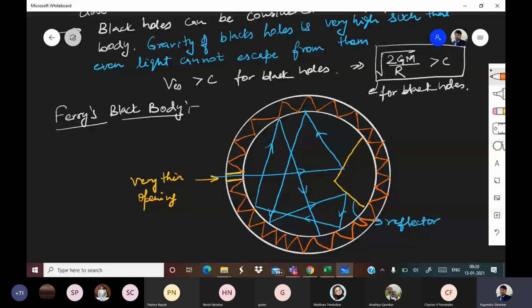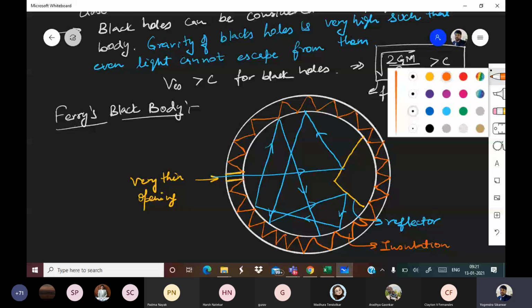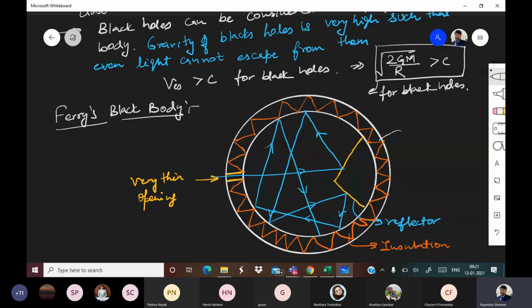Okay, so this is insulation. Now the inner walls of this are painted with charcoal. Why painted with charcoal? Because charcoal is a good absorber.